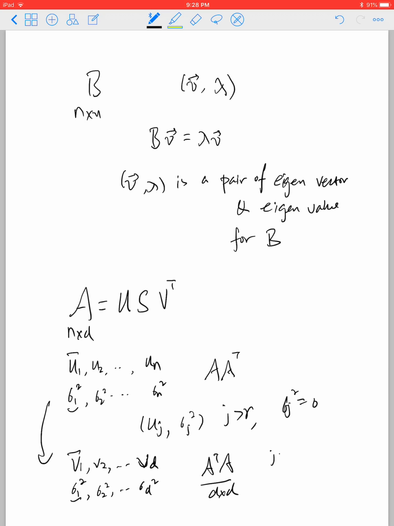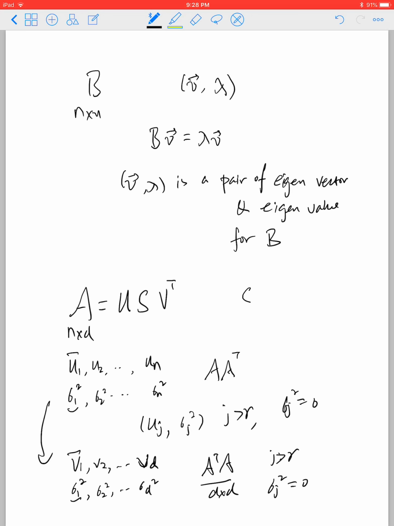So U1 and sigma 1 square is a pair of eigenvector and eigenvalue, and U2 and sigma 2 square form another pair, and this continues until the pair of Un and sigma n square.